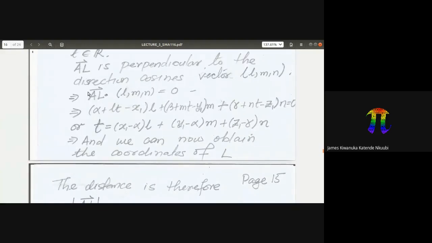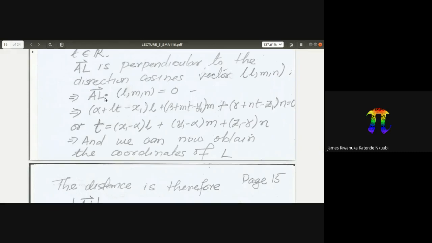So the vector AL is perpendicular to this vector that is parallel to our straight line. And therefore, the dot product of AL and this vector should be 0 because they're perpendicular.